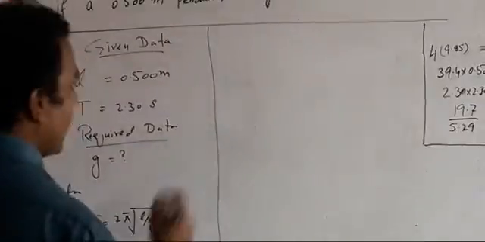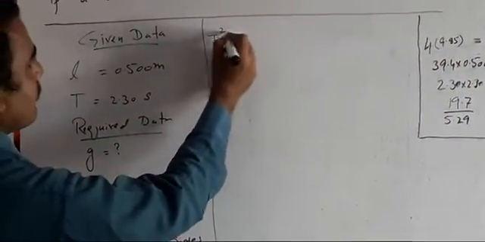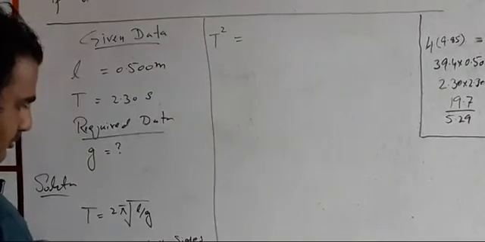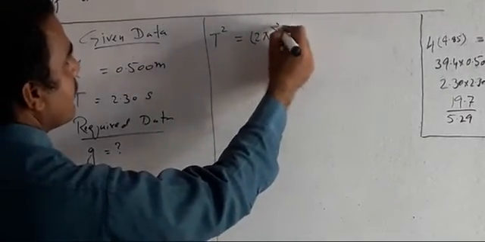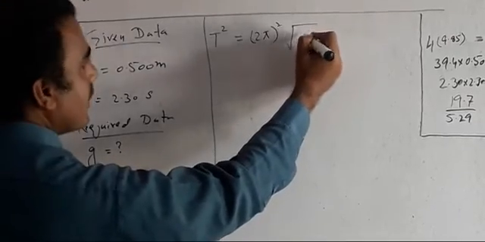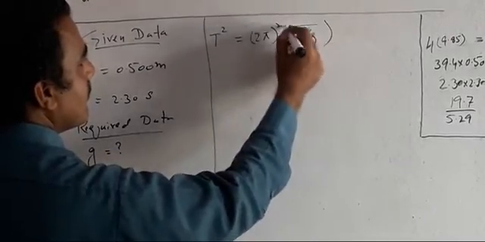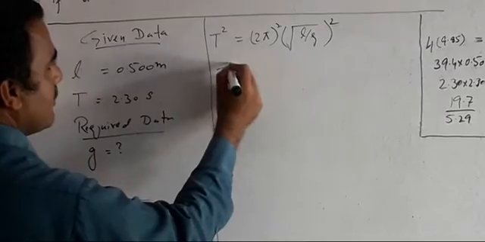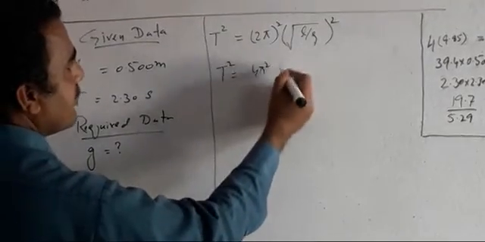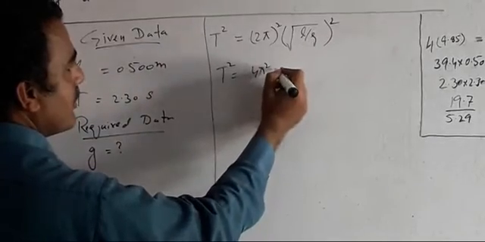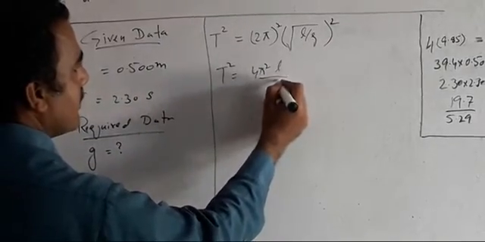Now in this step, I will write it as T square is equal to, this square is for the 2 pi term as well as for the square root term L by g. Here it will be T square, while it will become 4 pi square, and this term will eliminate the square root, so L divided by g.